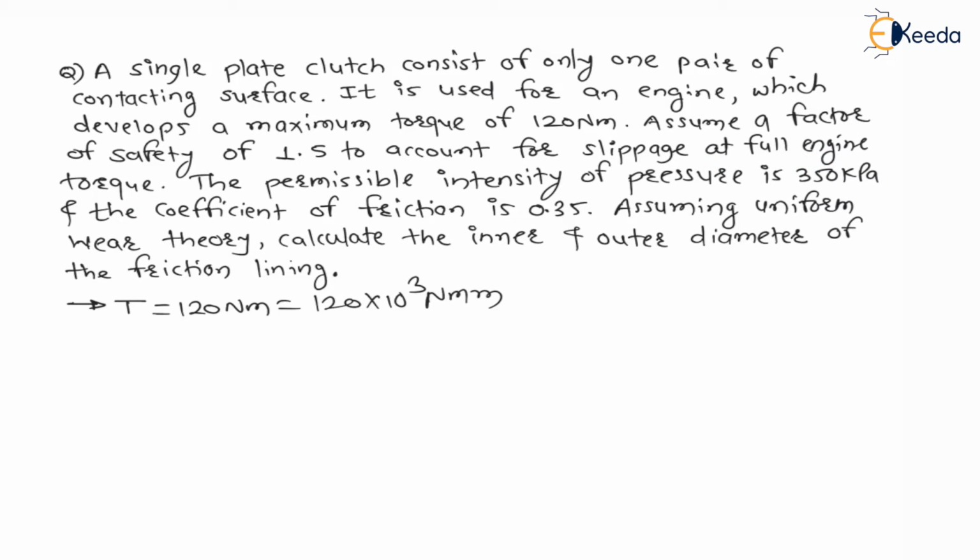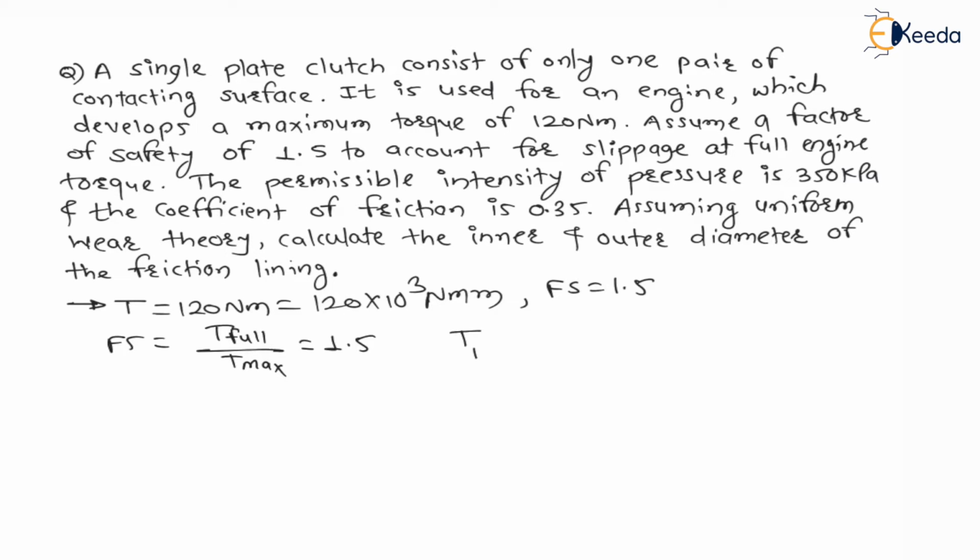Right. Now, this maximum torque is considering factor of safety equal to 1.5, which means the full engine torque will be 1.5 times the maximum torque, right? That means factor of safety is nothing but full engine torque divided by maximum torque, which we know is 1.5.